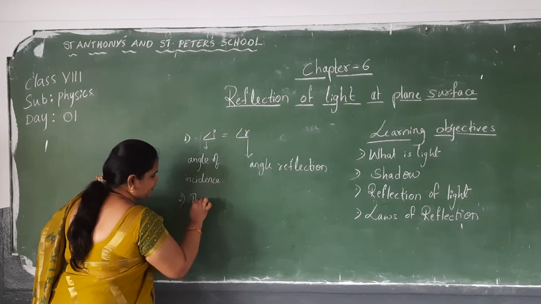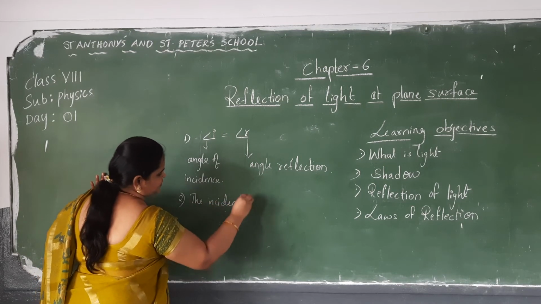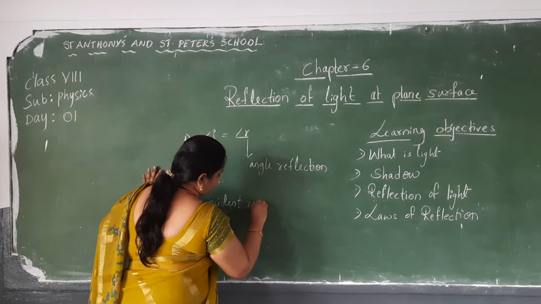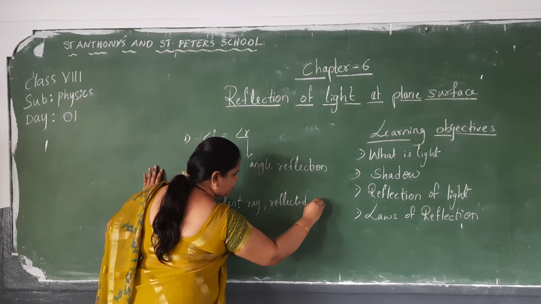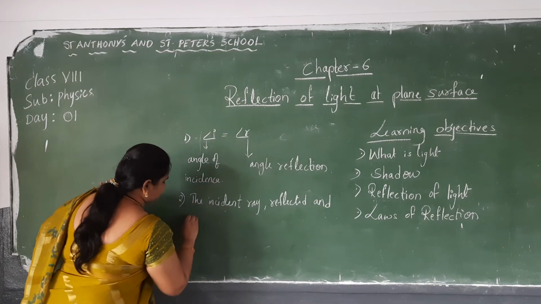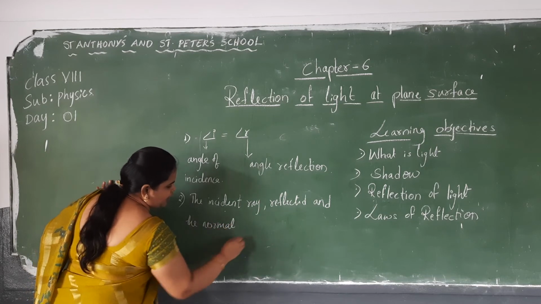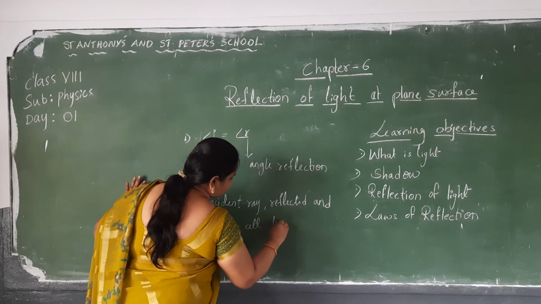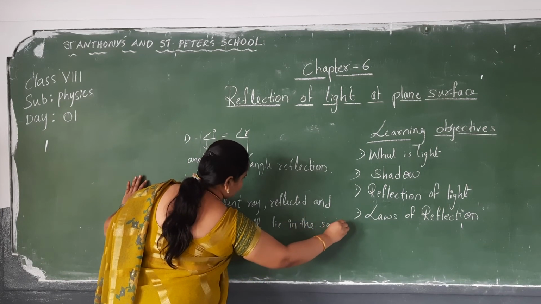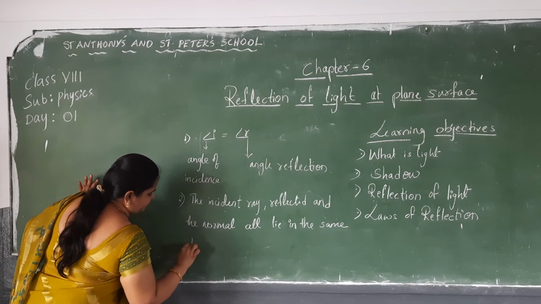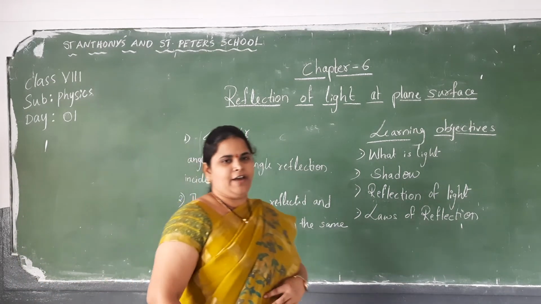The incident ray, reflected ray and the normal all lie in the same plane. So these are the two laws of reflection.